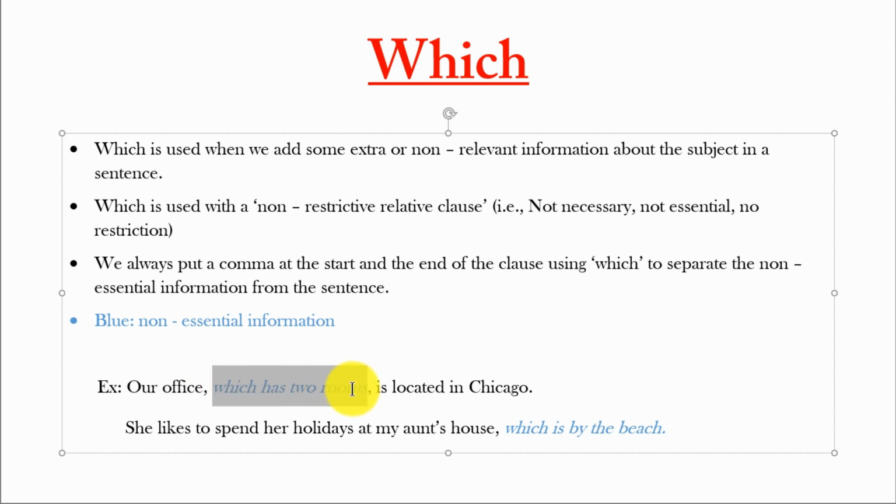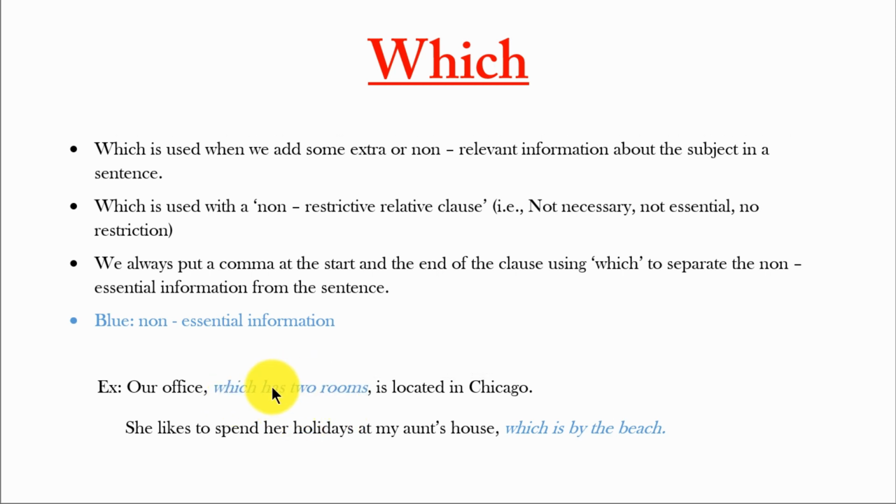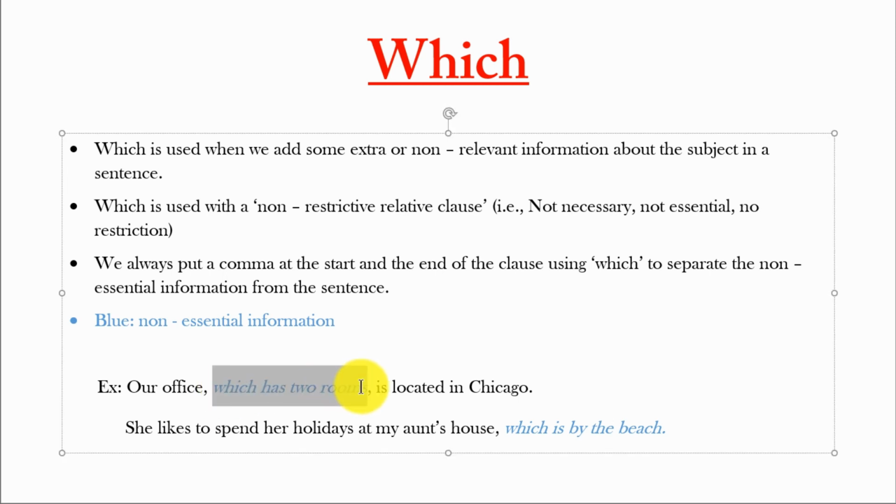So what about this clause in between, which has two rooms? Now this clause is merely giving us extra information about the subject. But is this information relevant? Is it required? No, it isn't. Which is why I have colored it blue, because this information is just optional for the context of this sentence.